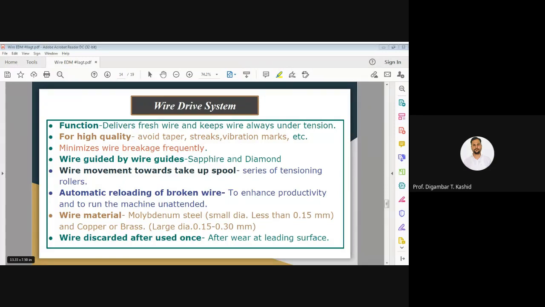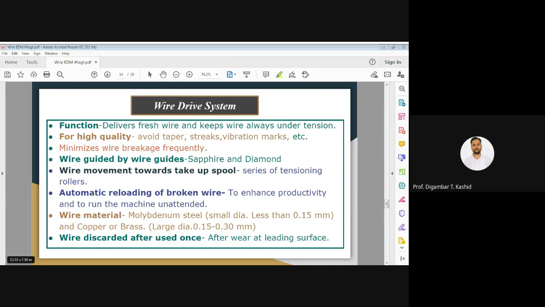I have told that the wire may be of small diameter, that is diameter less than 0.15 mm. In that case your wire is made of molybdenum steel. Or if the wire has a large diameter, 0.15 to 0.30 mm, then you can use wire made of copper and brass.